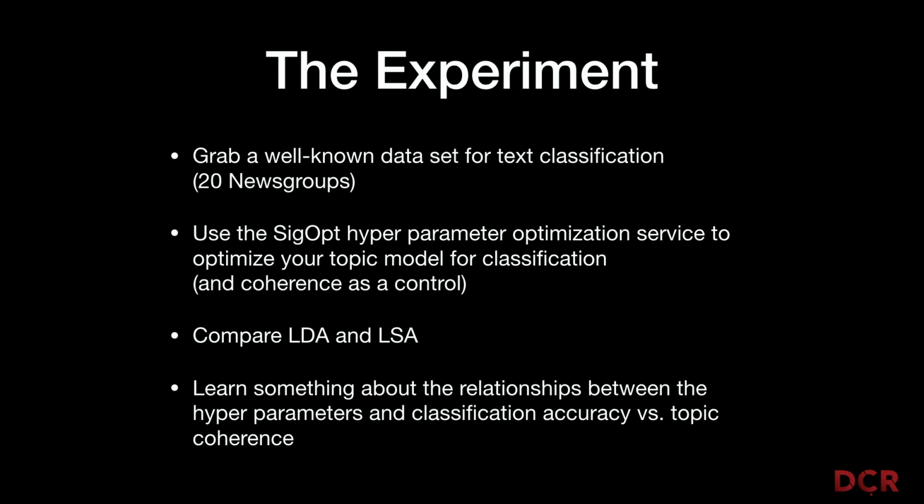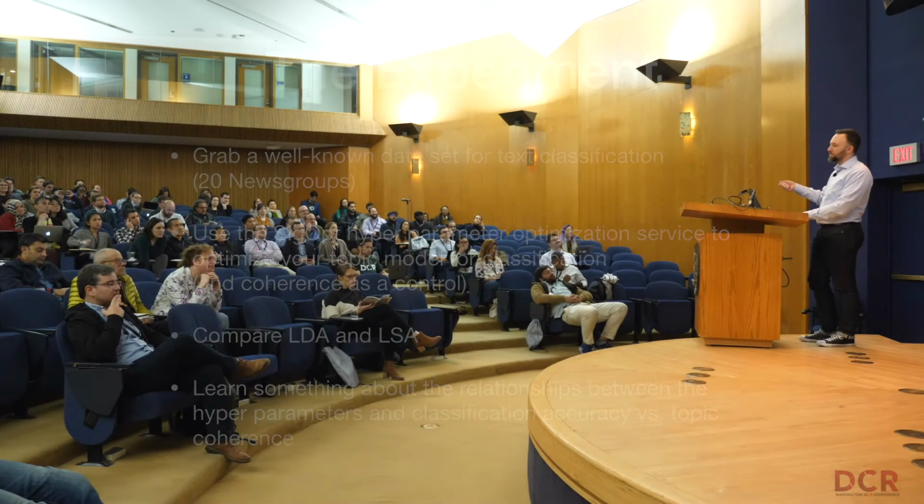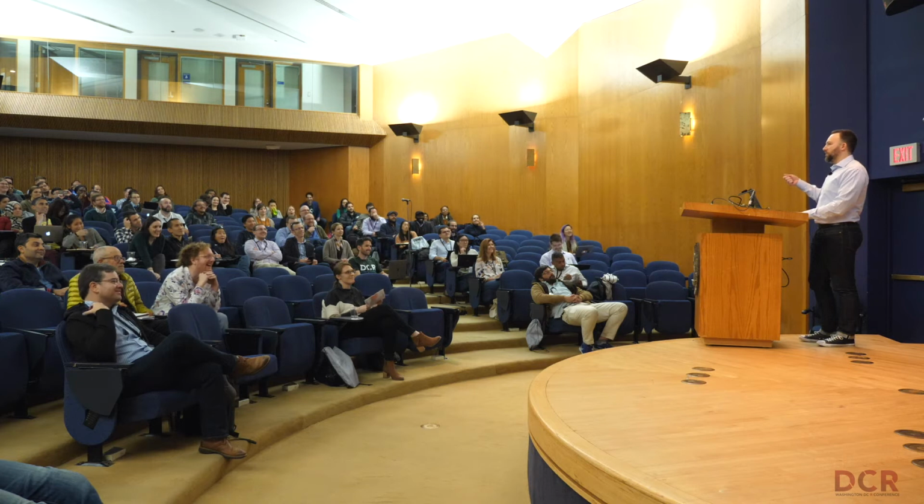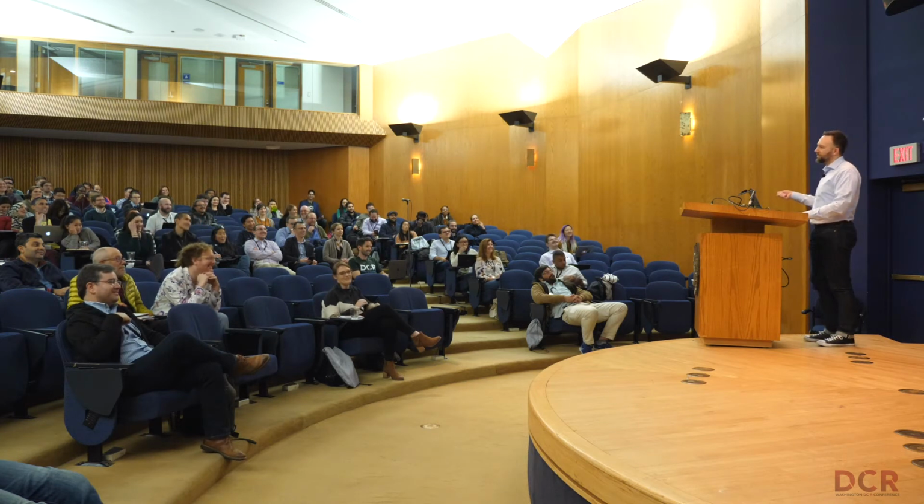Here's basically the goal. Take a topic model, use it to embed some documents in some latent topic space, and use that embedded text to train a classifier. For this, I used the 20 newsgroups data set. And if I can date myself a little for the younger folks in the audience, a newsgroup is like a subreddit, but from the 1990s.